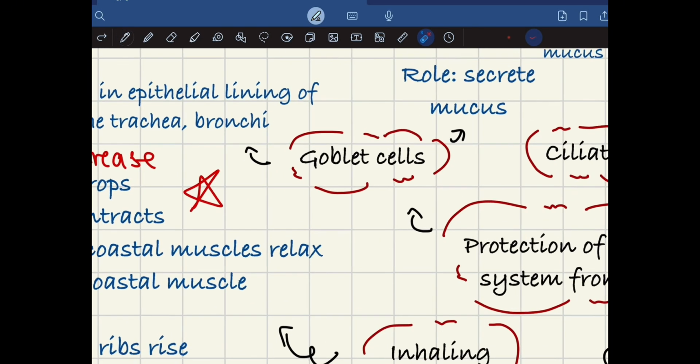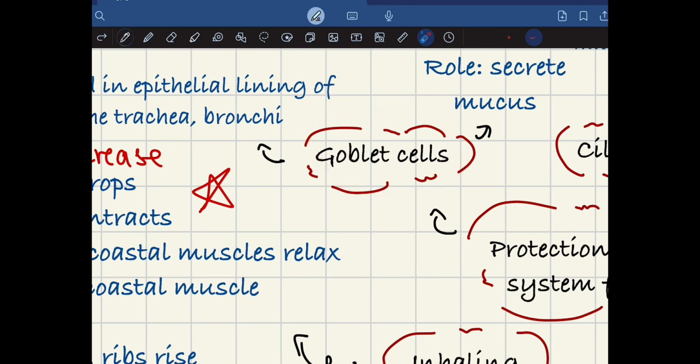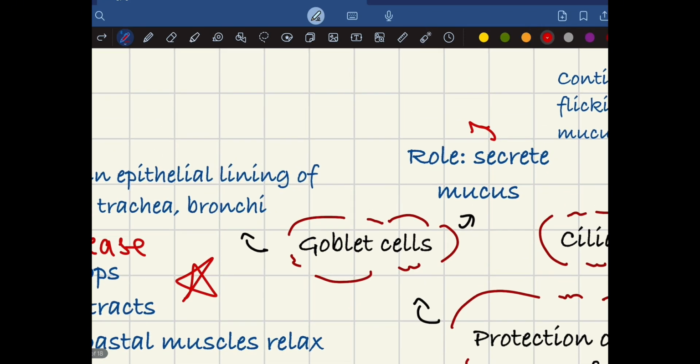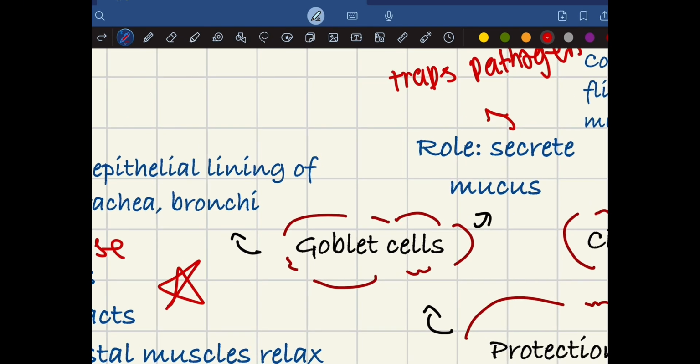The first thing you should know is goblet cells. These goblet cells have a role of secreting mucus. What this mucus does is that it traps the pathogen. If you're wondering what mucus is, for example, when we sneeze and the goo that comes out of our nose, that's mucus. It is a sticky substance which basically traps pathogens.